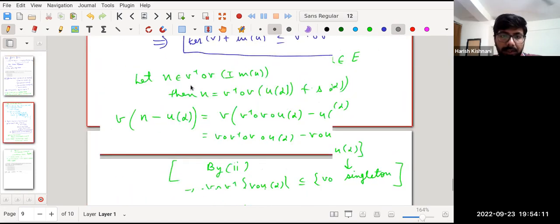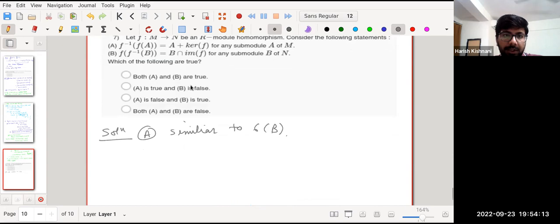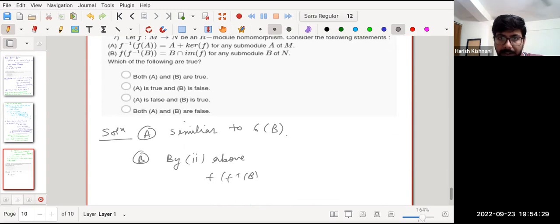So the second part, the b part, is easy to see. By second above, you already have f inverse of b to be inside b, right?